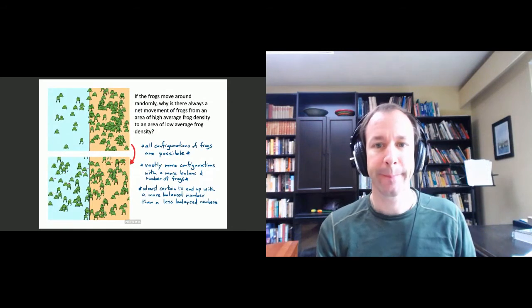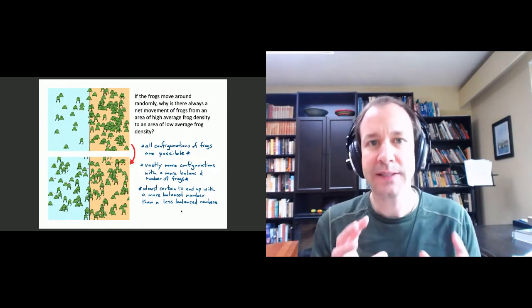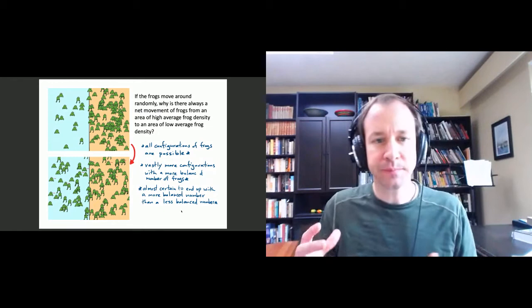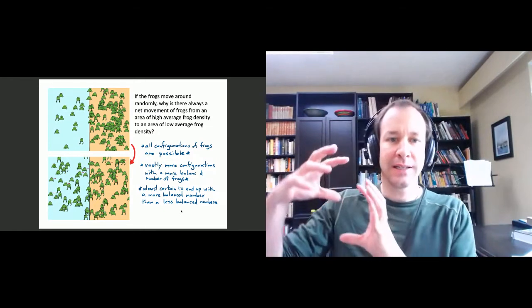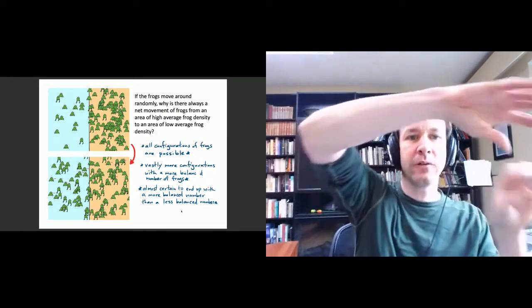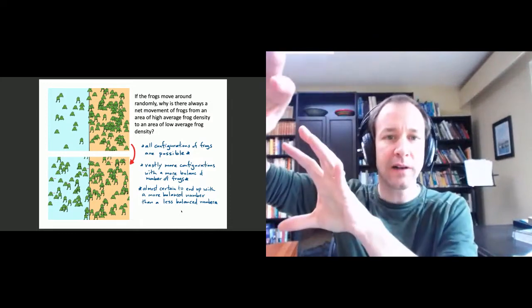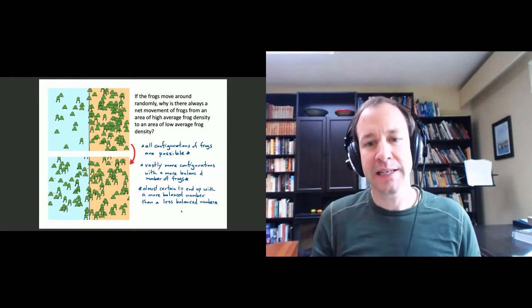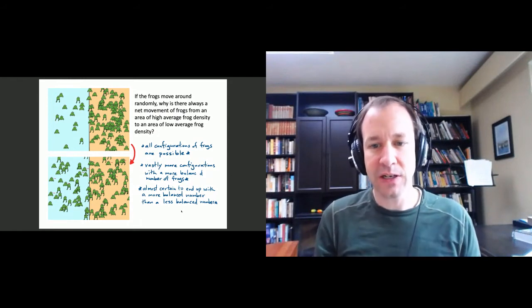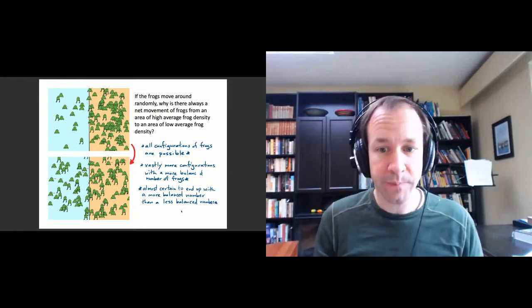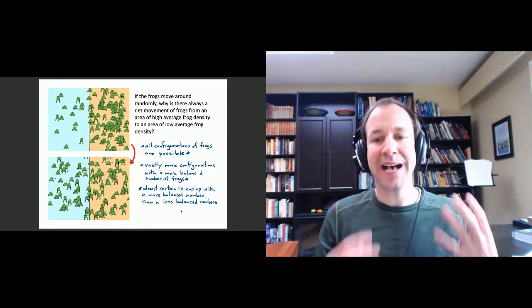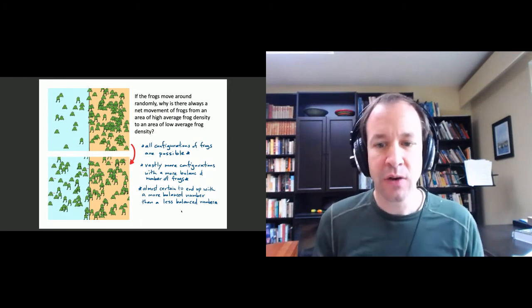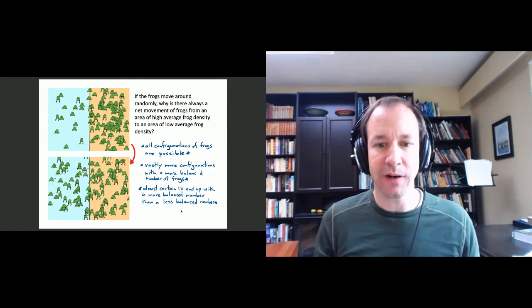Okay. So this is our understanding of why it's observed that frogs seem to flow from the region of more frogs to the region of fewer frogs. What we can say is that all configurations of frogs are possible, but it's just that there are vastly more configurations with a more balanced number of frogs.